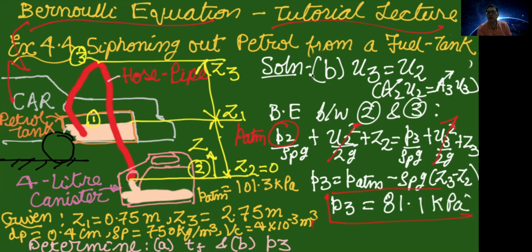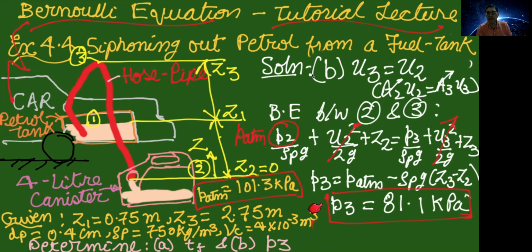P3 here comes out to be 81.1 kilopascal. Note that in this problem, the atmospheric pressure is 101.3 kilopascal, and the pressure at the maximum elevation P3, which is at this point of the pipe, the petrol at this point has a pressure which is less than atmospheric by close to 20 kilopascal.